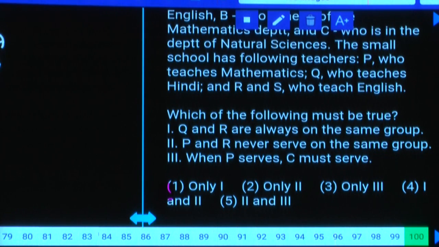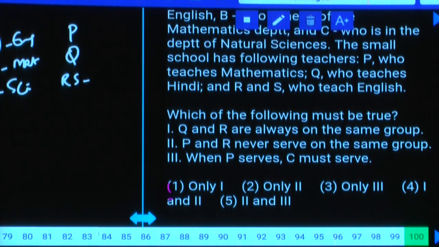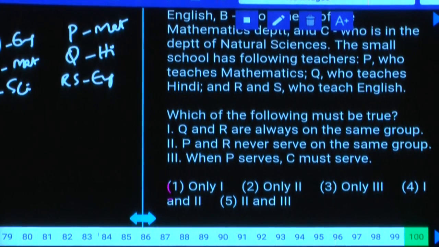Now this A, B and C. Now A is English and B is mathematics, and C is science, and P, Q, R and S are from school. Now this Q is Hindi and P is mathematics. Then coming to this one, which of the following must be true? Q and R are always on the same group. Tell me whether Q and R can be in the same group?